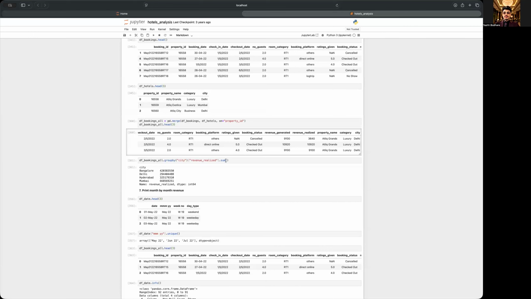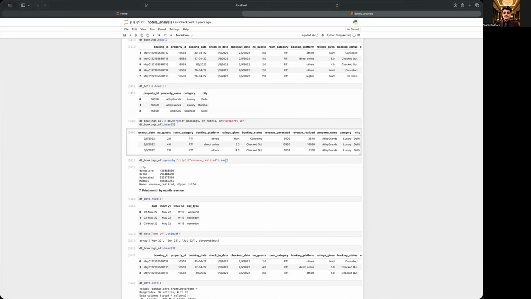Now, revenue is an additive metric. If one Mumbai booking realizes 10,000 and another realizes 15,000, total realized revenue from these bookings is 25,000, right? 10,000 plus 15,000. So sum is the correct aggregation because our question is how much revenue was realized in total by each city.